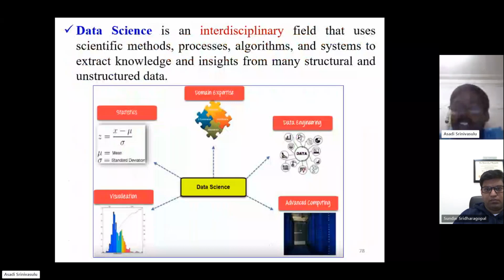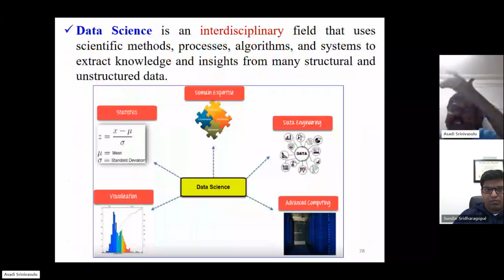Cloud is a 5-4-3 formula: 5 characteristics, 4 infrastructure models, and 3 services. 3 services like SaaS, PaaS, IaaS, and 4 infrastructure models called deployment models like public cloud, private cloud, hybrid cloud, community cloud. Then 5 characteristics like on-demand computing, broad network access, rapid elasticity, resource pooling, and measured service.